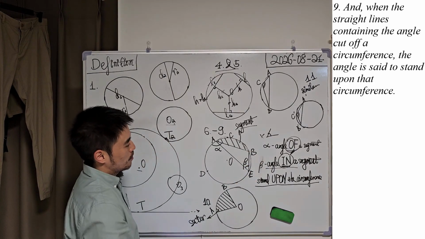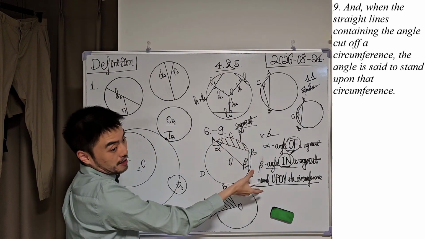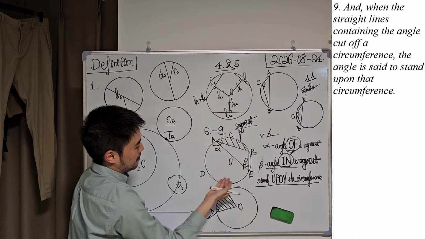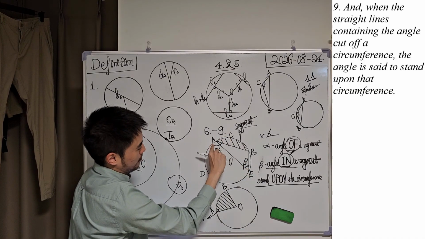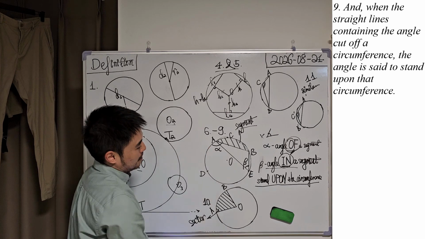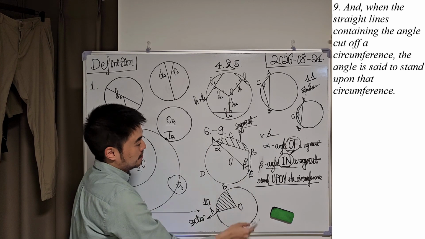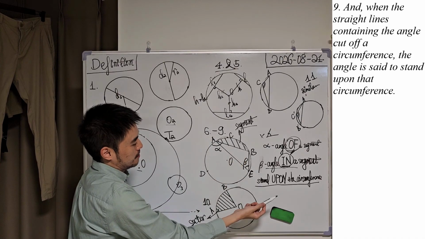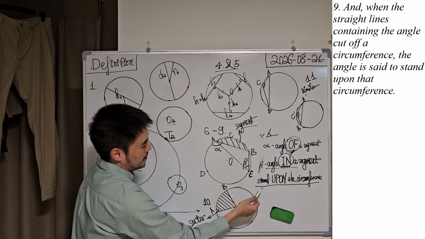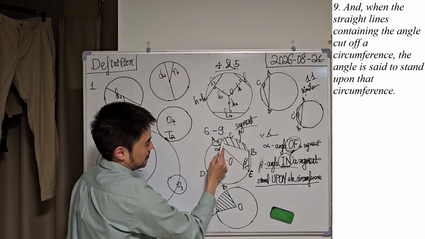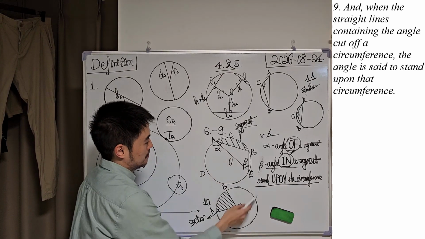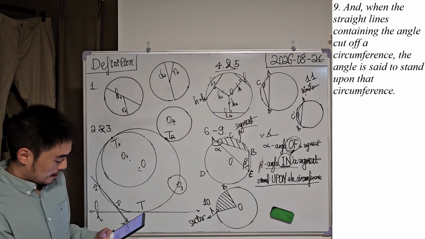Let's say if we rotate this image upside down and make this shaded area downside, this angle will be somewhere like here, and let's imagine this is a person, and this shaded area is a base, and it looks like it is standing upon the circumference, upon the base ACB. So that's definition 9, okay?